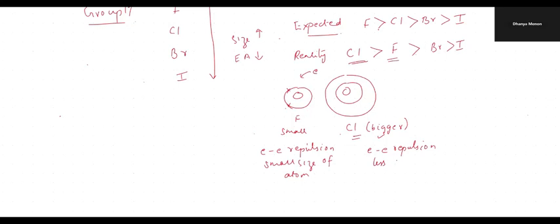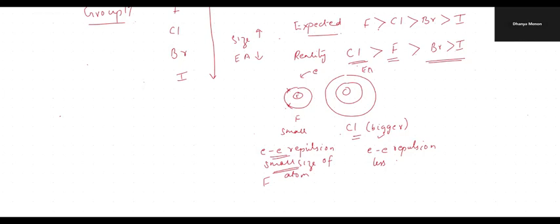Of course, in case of fluorine, the nucleus will attract the electron, but the chances of electron repulsion are very high because of the small size of the fluorine atom. But in case of chlorine, no such problem arises. So that is why chlorine has higher electron affinity compared to fluorine, and then the normal order. I hope this is clear.